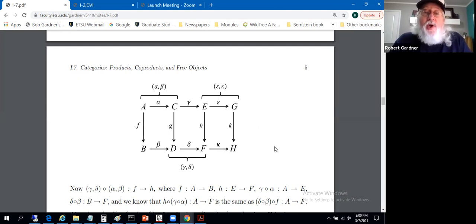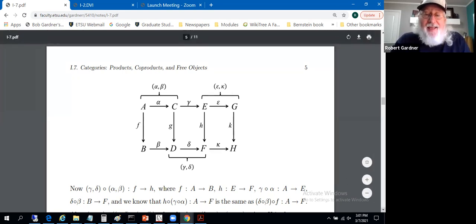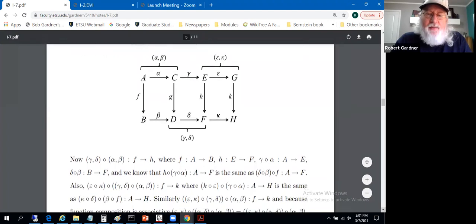So what we want to show is the composition of alpha beta with gamma delta, followed by a composition with epsilon kappa, equals a composition of alpha beta with the composite gamma delta with epsilon kappa. We're trying to show associativity. And it's the commutativity of the diagram that gives it to us.